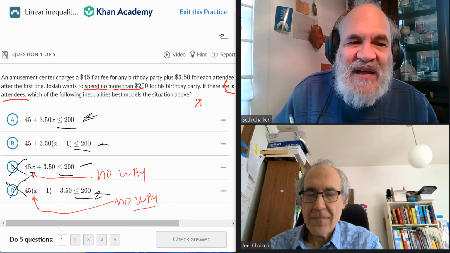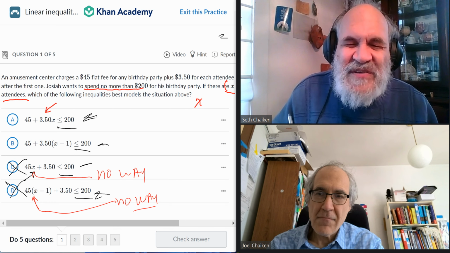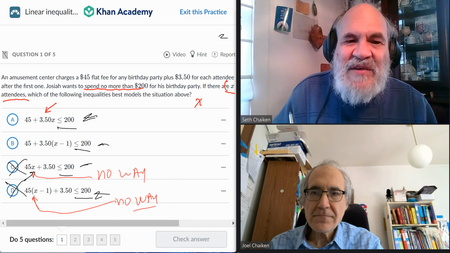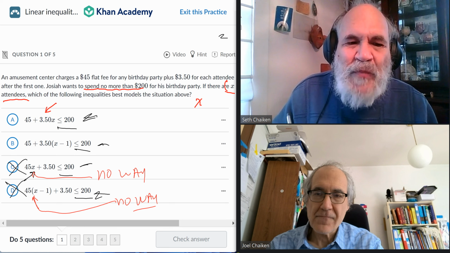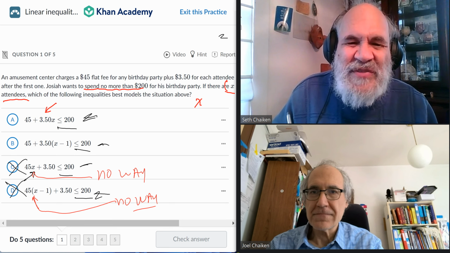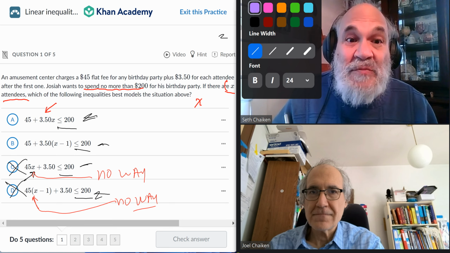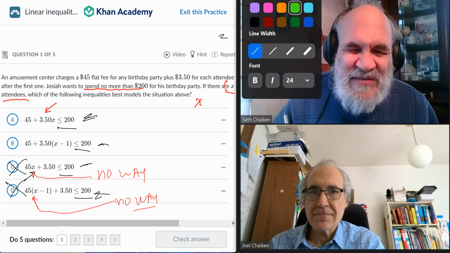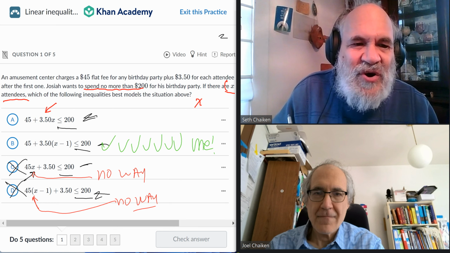The quantity on the left should be the amount that will be spent in the situation. So you have to figure out what is an expression for the amount that will be spent, and then you just read it off.